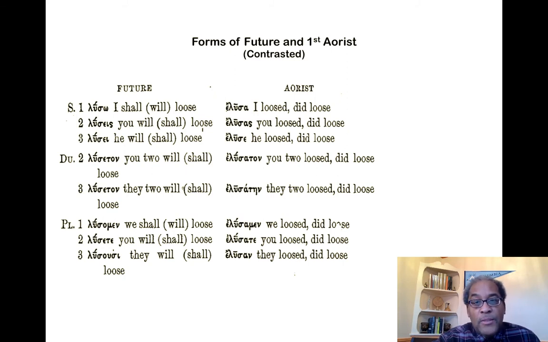Elusa, elusas, eluse, elusamen, elusate, elusan, as opposed to luso, luseis, lusei, lusomen, lusete, lusousi.